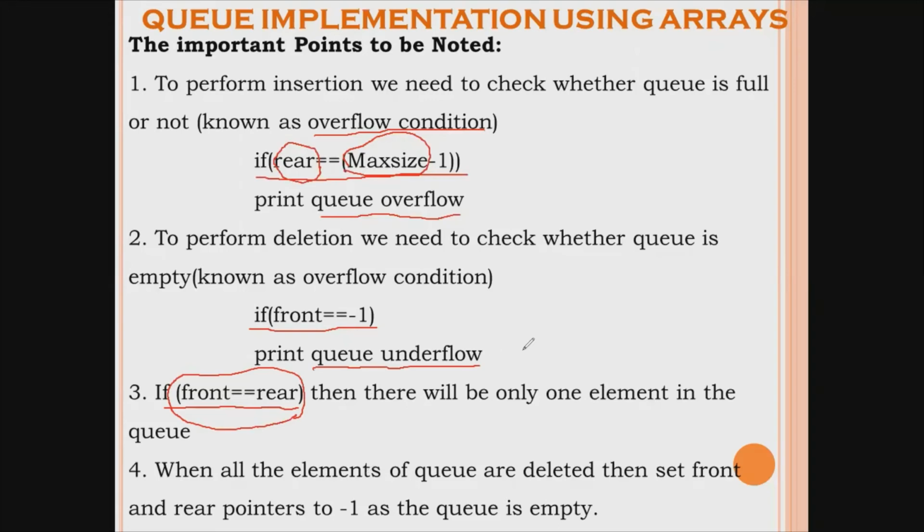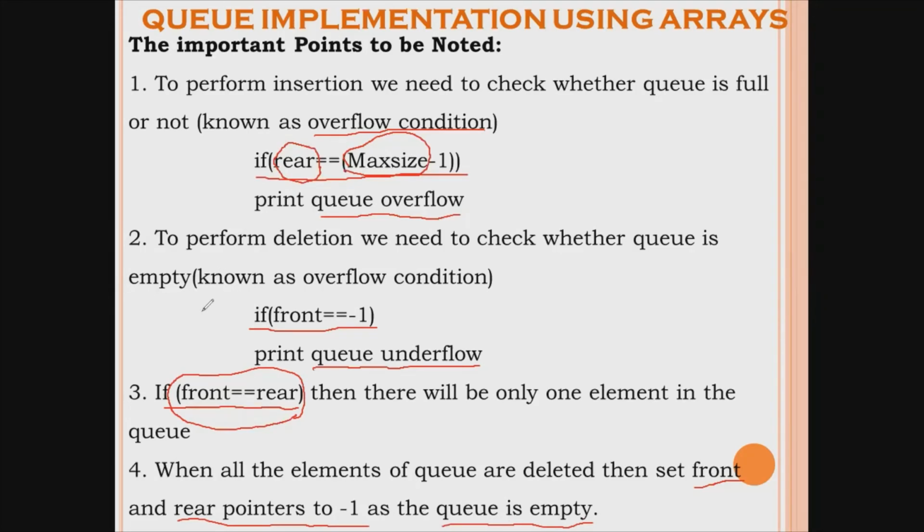When all the elements in the queue are deleted, once the deletion of all the elements in the queue is performed, then we must compulsorily set the front and rear pointers to -1 to represent that the queue is empty.